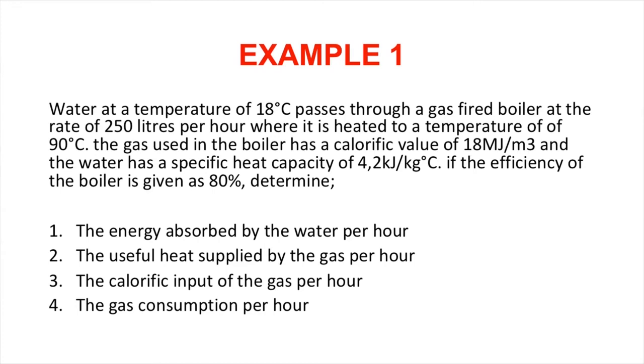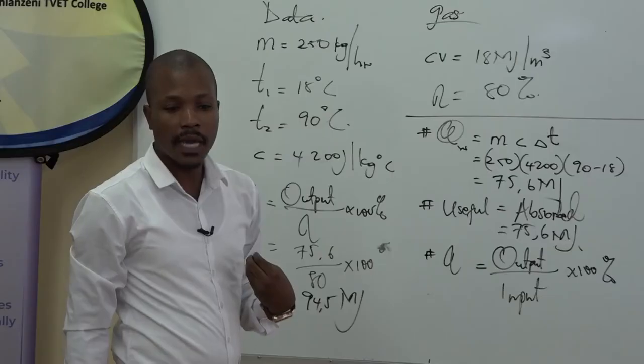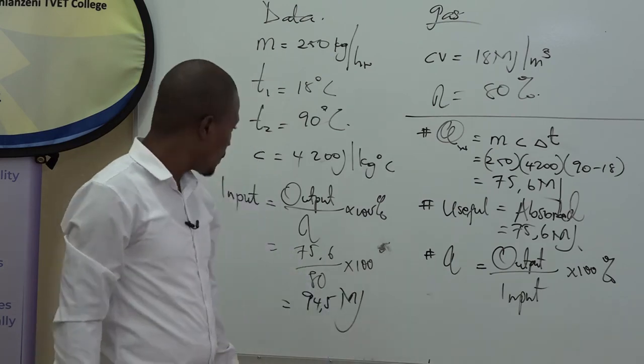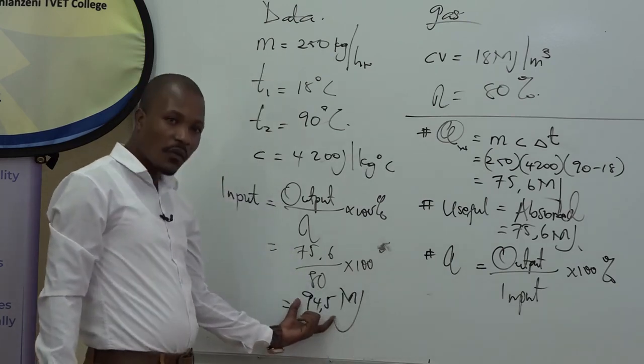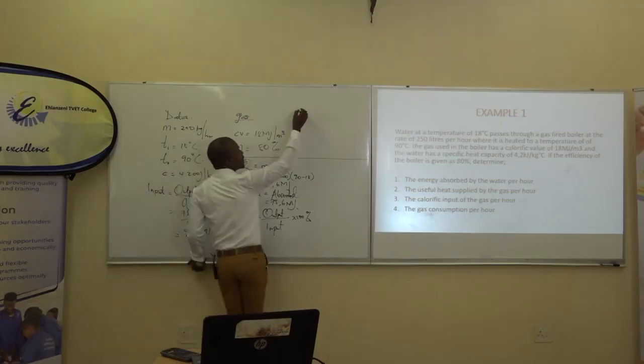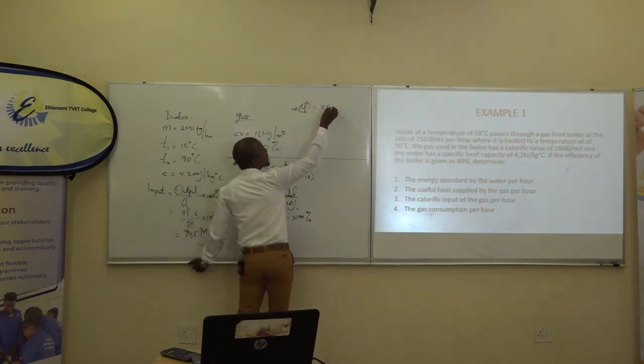The last question here says now the gas consumption per hour. Now look at this. We know that 250 liters of water is supplied to the boiler per hour, but we don't know how much gas is supplied per hour. We know the amount of energy which is supplied, but how much gas is supplied? And then we go to our equation Q is equal to V times CV.